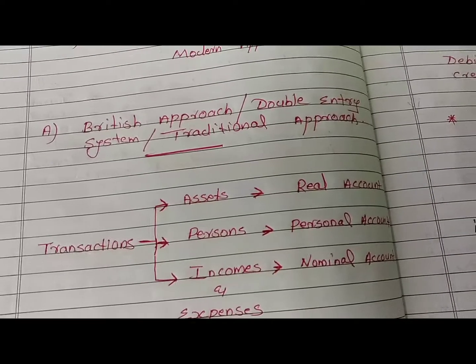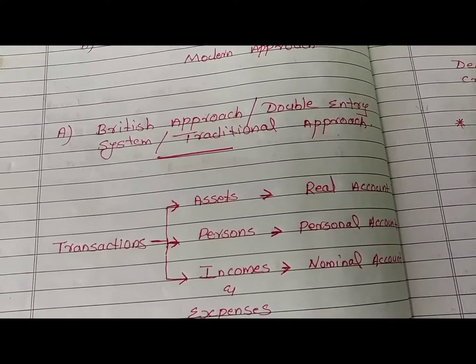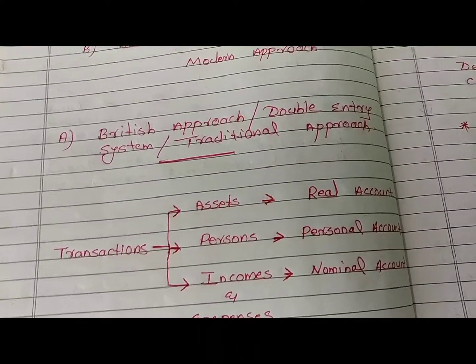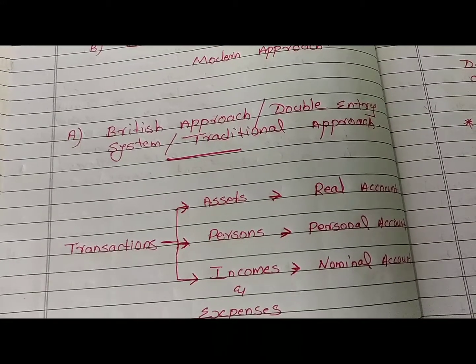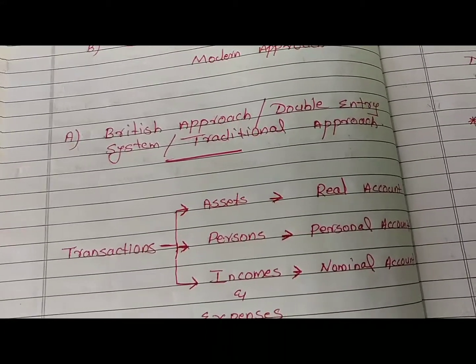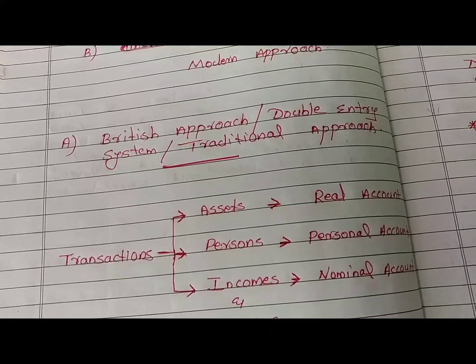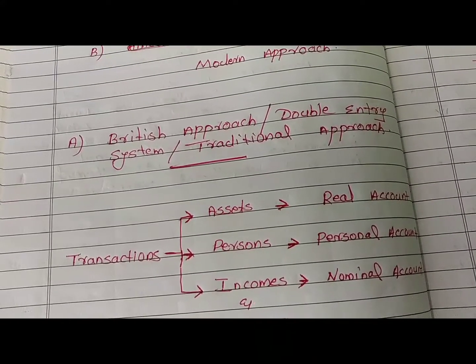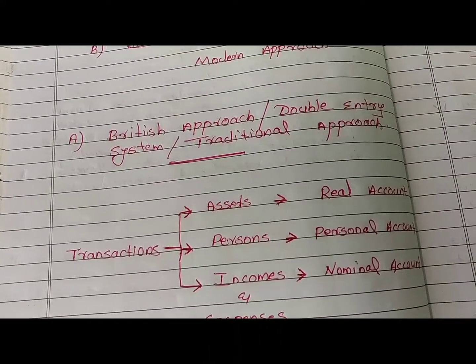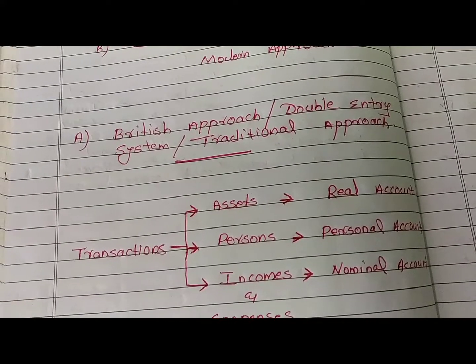I told you that we record all the transactions using debit and credit rules. Before applying these rules, we need to know the different types of transactions that may occur in a business concern.